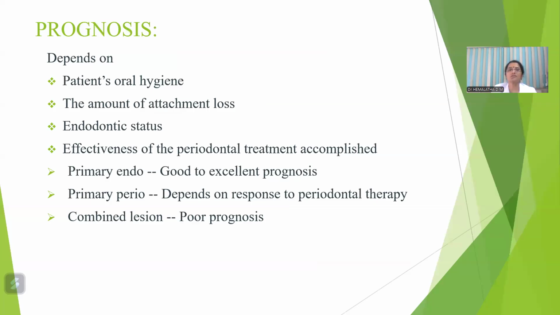The prognosis of a tooth will depend on the patient's oral hygiene, the amount of attachment loss, endodontic status, and effectiveness of the periodontal treatment accomplished. If it is primary endo, most commonly we can expect a good to excellent prognosis. If it is a primary perio lesion, it depends on the response to the periodontal therapy. And in a combined lesion, most commonly we see a poor prognosis of the tooth.